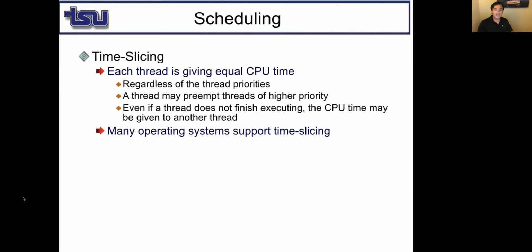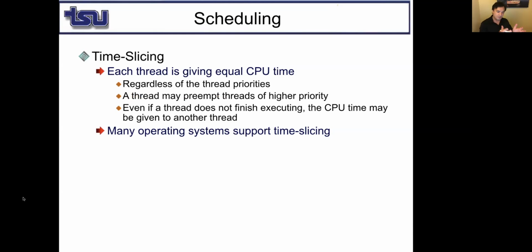There's another scheduling, time slicing. Well, regardless of the priority of threads, maybe each thread is gonna be given equal CPU time. So regardless of the priorities, in this case, priority will not be important, okay? A thread may preempt threads of higher priority.